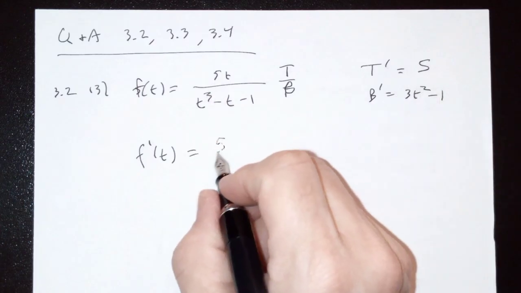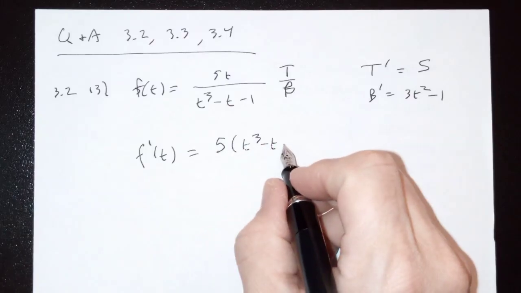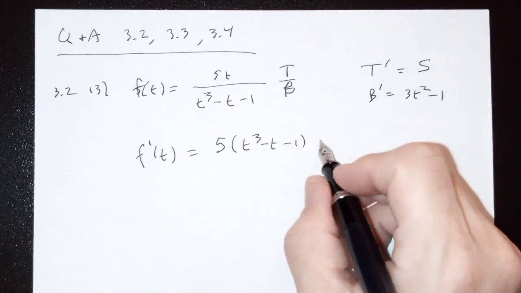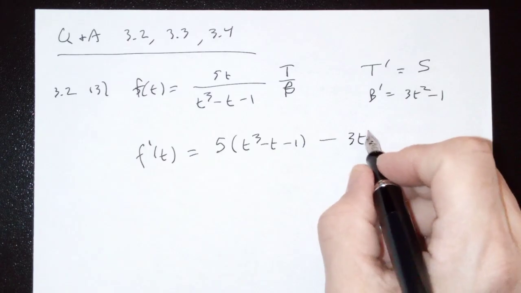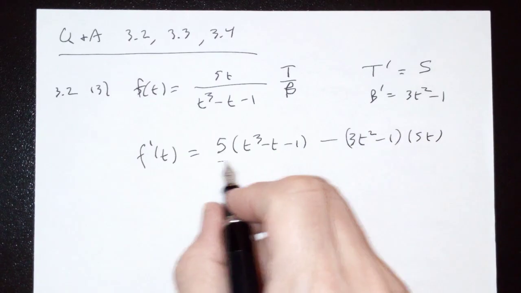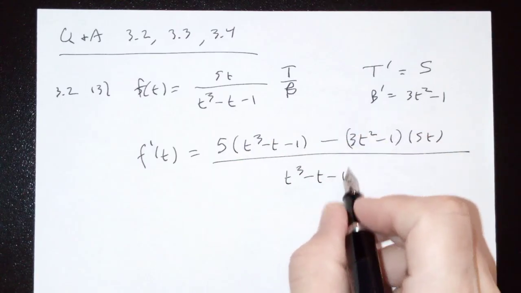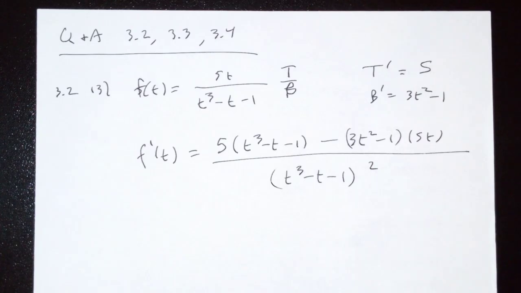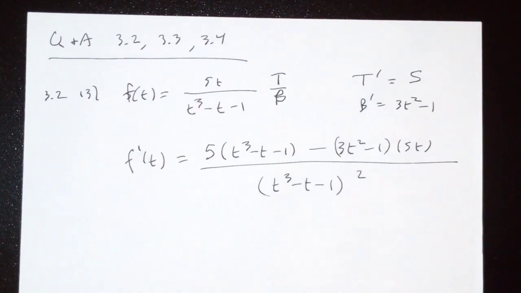The derivative of the top times leaving the bottom alone, t prime b minus b prime t, reverse it. 3t squared minus 1, 5t over the bottom all squared. That's the entirety of what I have to do in this set.